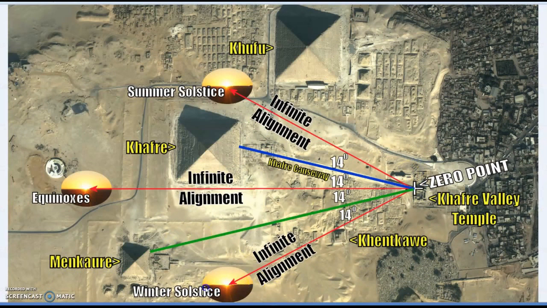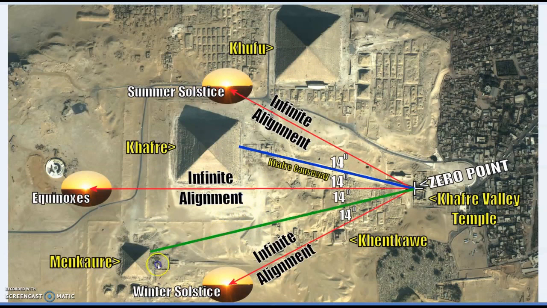But the alignments in regards to winter solstice, equinox, and summer solstice mark the beginning of the new year, and viewed from that position, which is also marked out by the Khafre Causeway, the sun will set exactly in between the Khufu and the Khafre Pyramid.